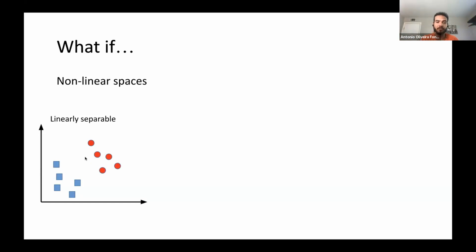The dimensionality of this problem was 2D, as you can observe here, so the hyperplane that I need in this case is a single line. We say that this is a linearly separable problem, because I can separate the two classes with a single line. So a linear solution for this problem already solves the problem.